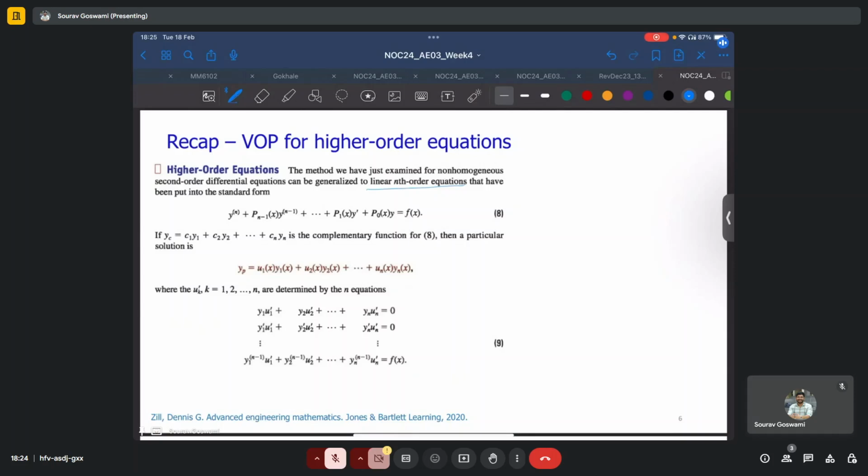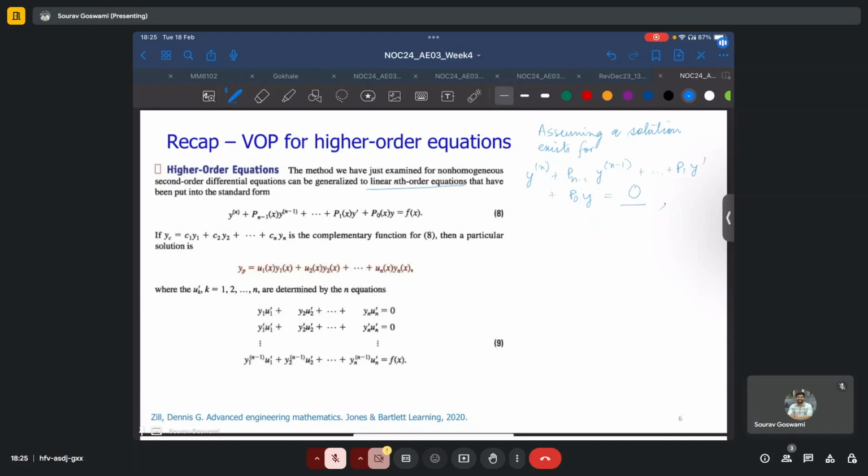Again, assuming that a solution exists for the homogeneous part of this, so the nth derivative of y plus p(n-1) times the (n-1)th derivative of y plus p1 times y prime plus p0 y equals 0.